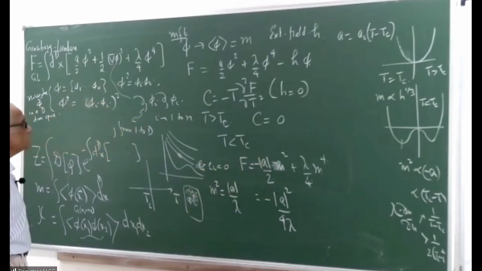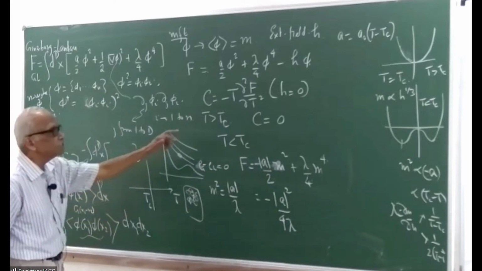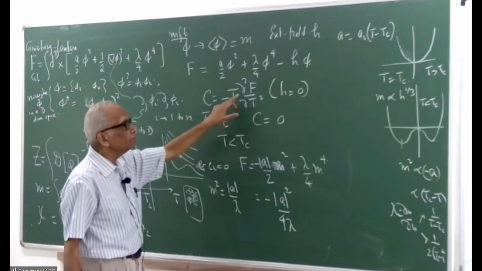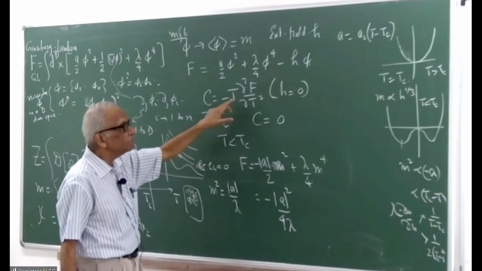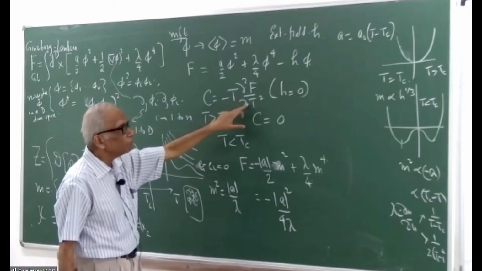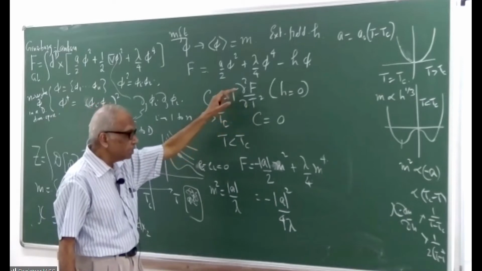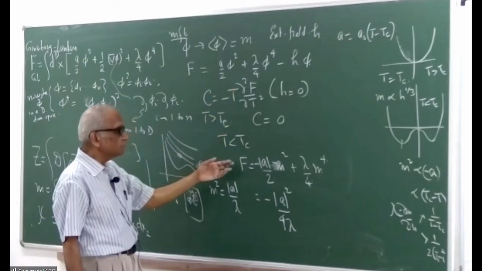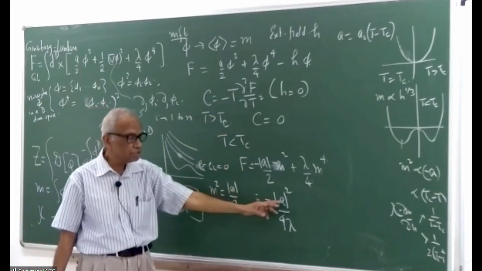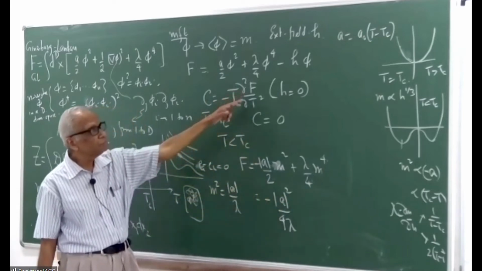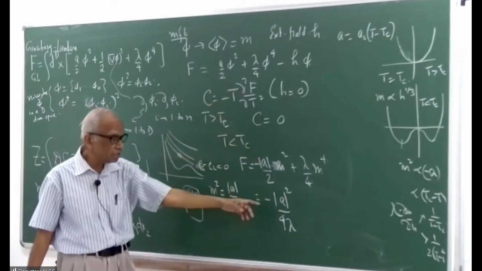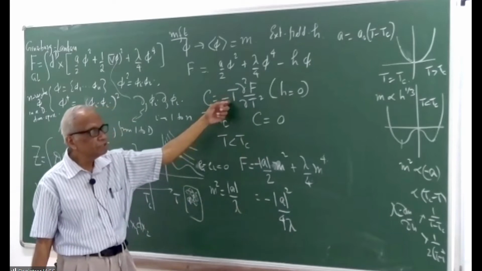So if I look at the specific heat, that specific heat is going to have a constant coming from over here. So del 2F, del T square, because this is T square, is going to be a constant, and with a minus sign over here it makes it positive.